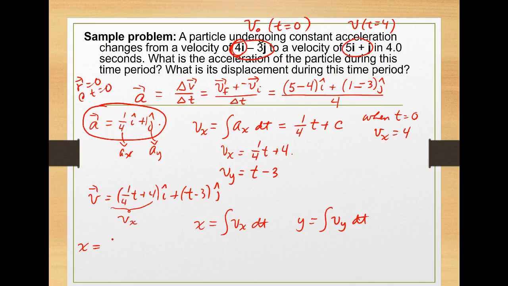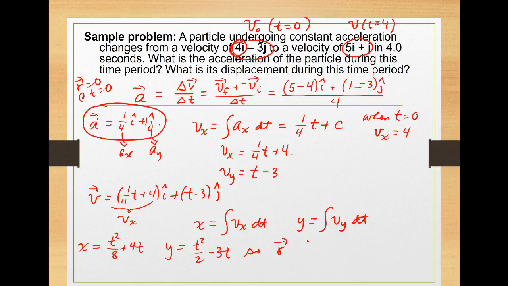So it's going to be essentially t squared over 8 plus 4t, and y is going to be t squared over 2 minus 3t. And if you're uncomfortable with doing integrals, you definitely want to go back and practice that, but that's basically the power rule in reverse.